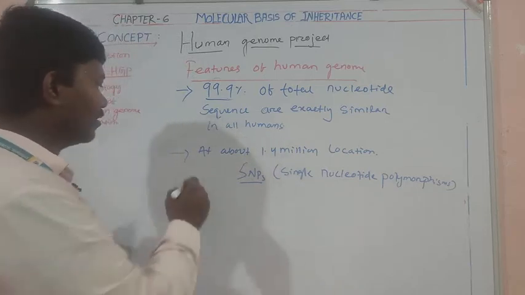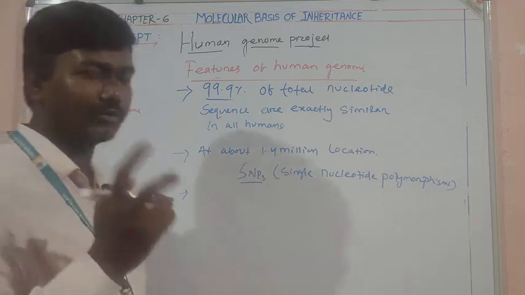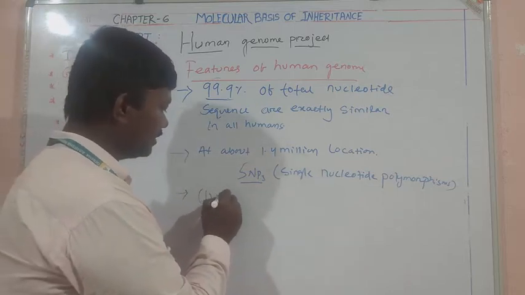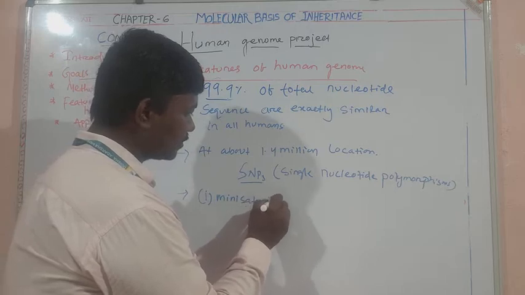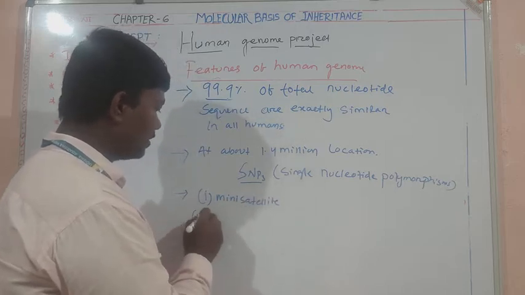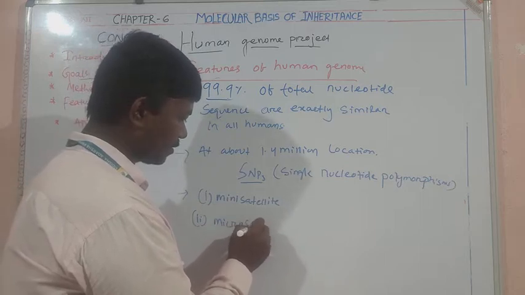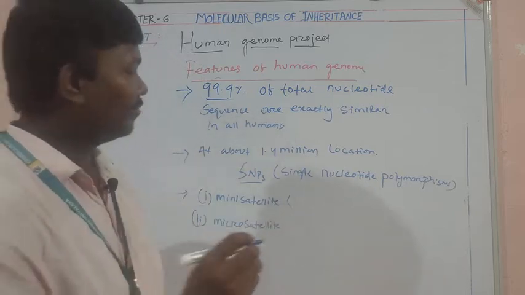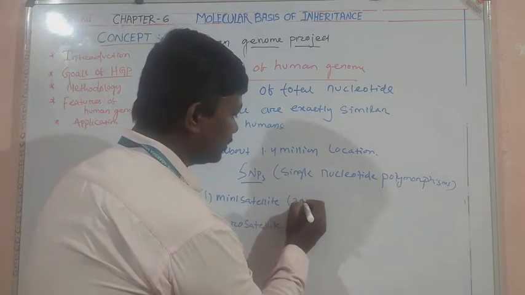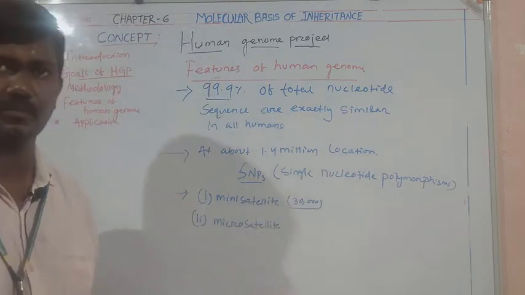Okay, then come to repetitive sequences. There are two types. One is minisatellite and another one is microsatellite. About 30,000 minisatellites are present.